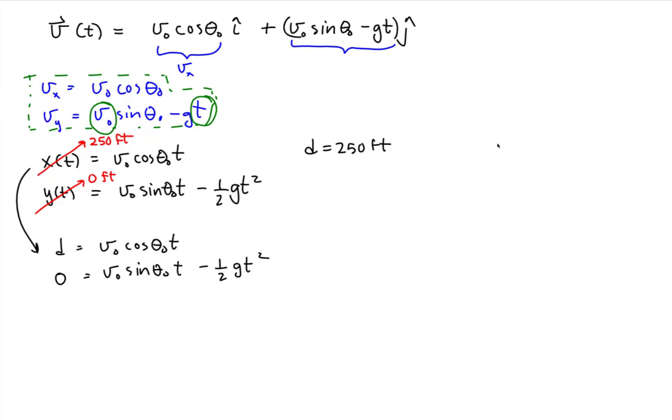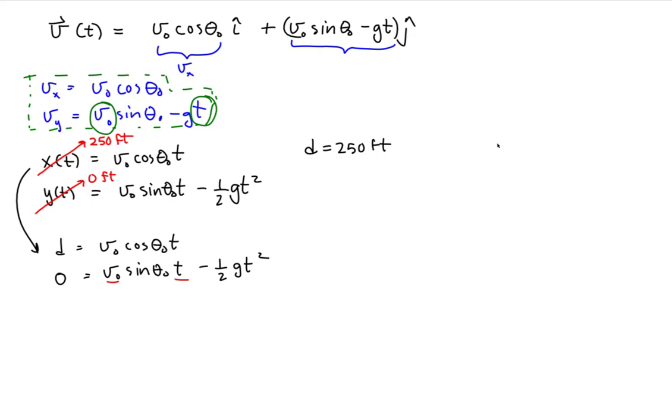So what do you think we can do with these to solve for v naught and t? Well, we have two equations and two unknowns. Let's take one of the equations, solve for one of the unknowns, and then plug into the other equation.